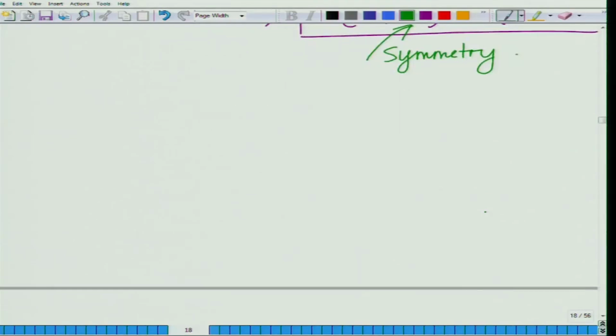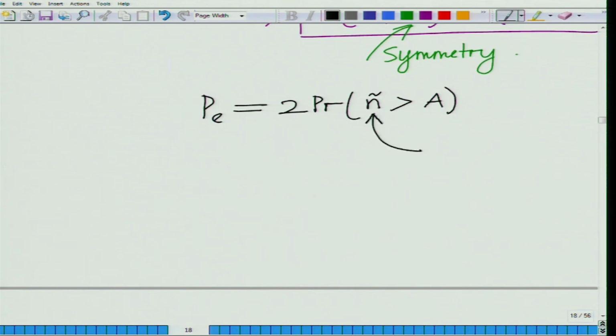So, the probability of error is simply twice the probability that n tilde is greater than a, where n tilde is a zero mean Gaussian with variance N naught by 2.